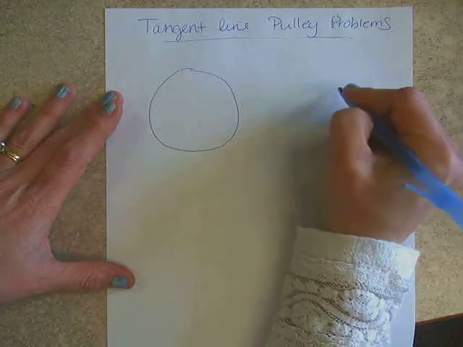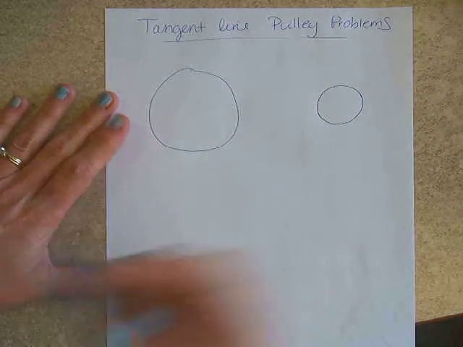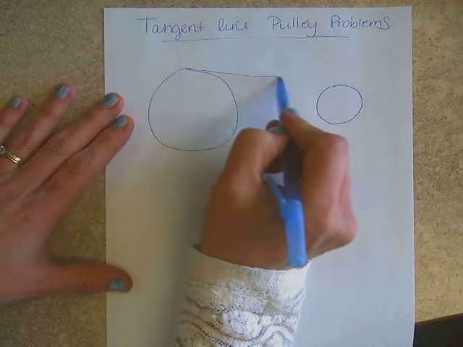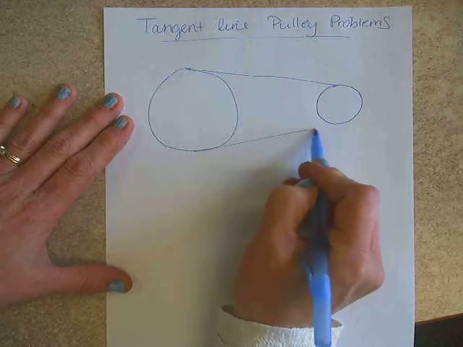So you have a bigger circle and a smaller circle, with tangent lines between the two.